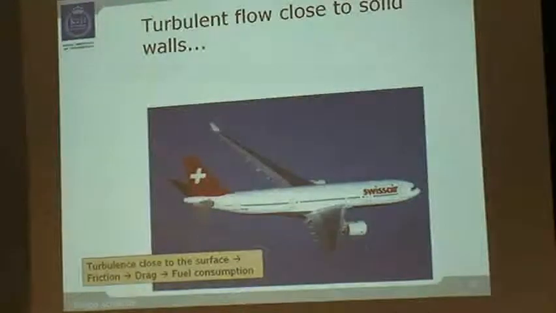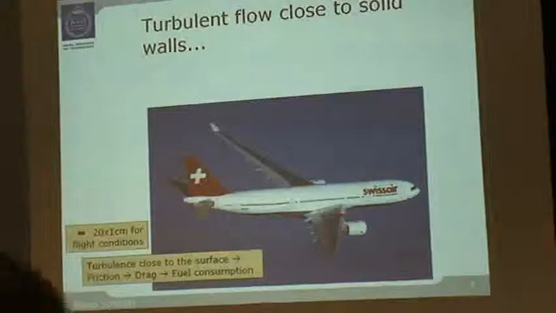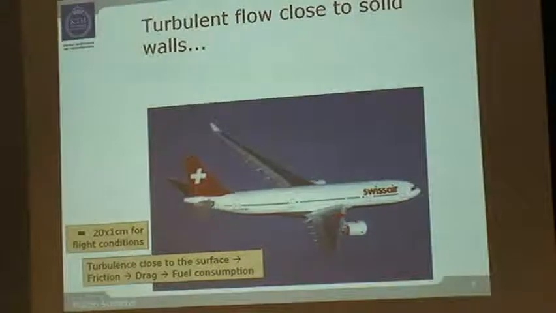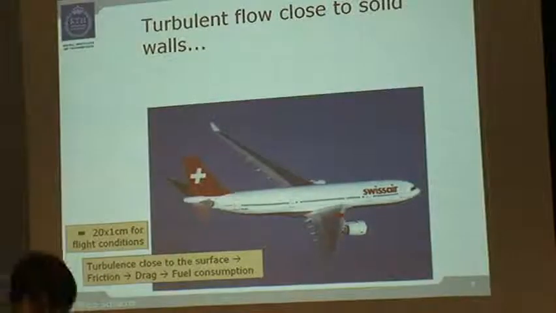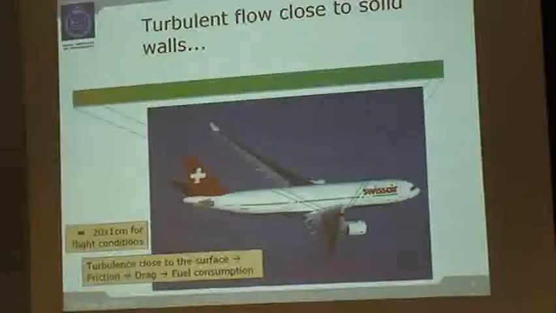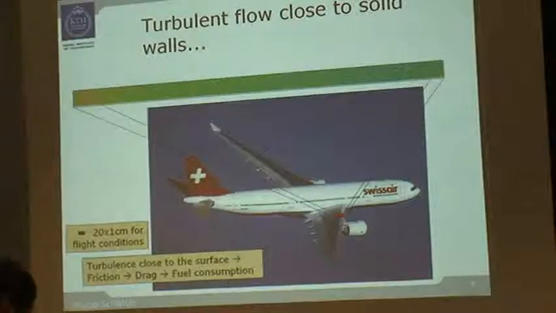Now the question is, let's consider this airplane. How does this flow look like? So let's put here a little rectangle, this red box. It's, let's say, about 20 times 1 centimeter for normal in-flight conditions. If we zoom in, this is how the flow in such a little 20 times 1 centimeter area on a wing would look like.